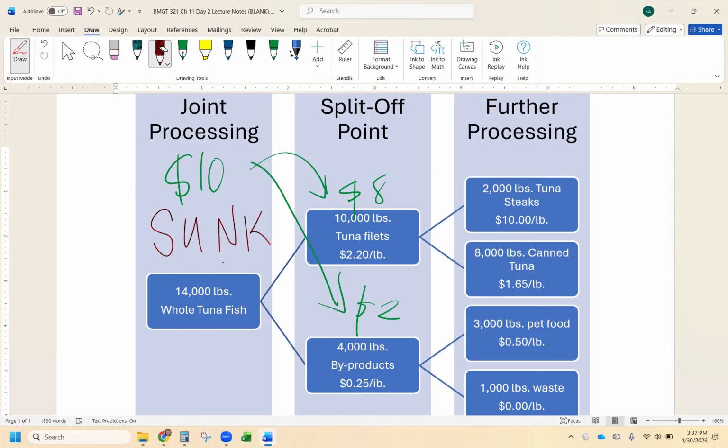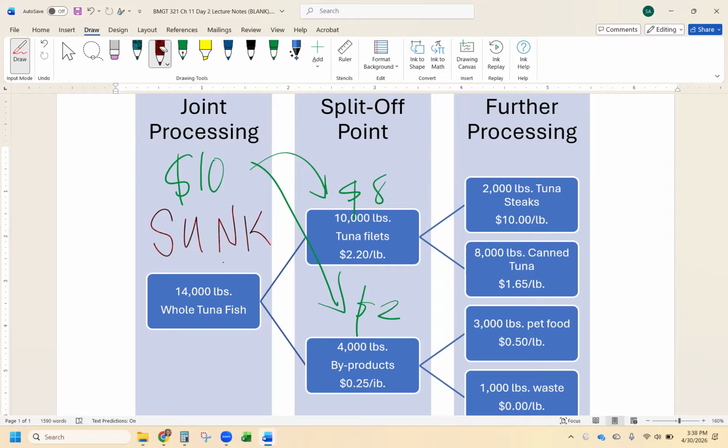And those separable costs are what's going to separate these into other products. And then the revenue from these that we might have. And the difference between the revenue from sell as is and the revenue of process further is called our incremental revenue. That's the next step in the process.